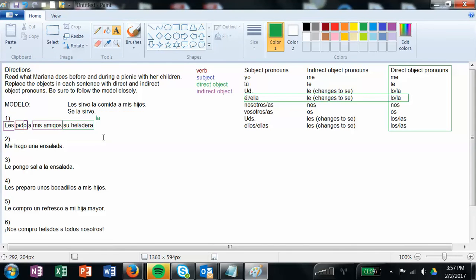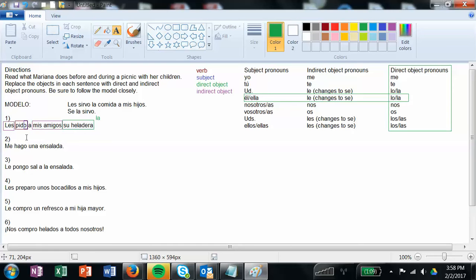So when we rewrite that sentence, we've already got our indirect. Now, I'm not sure if it wanted you to take it out or not, but I think you can take it out in your answer, because they want you to replace it with just the pronouns.